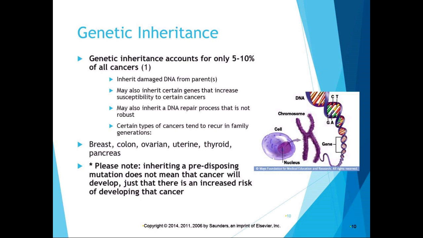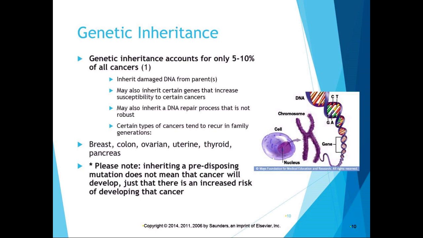Either you've inherited damaged DNA from one or both of your parents. You could also inherit certain genes that increase susceptibility to certain cancers. Some of those have been identified and you can be tested for them.